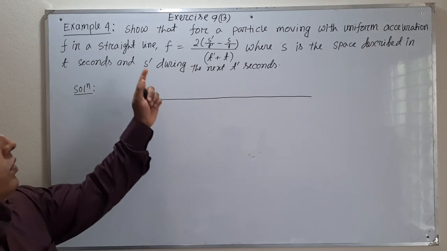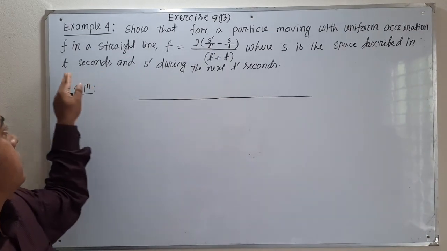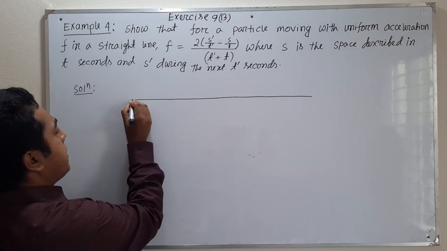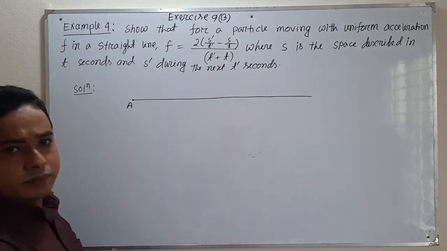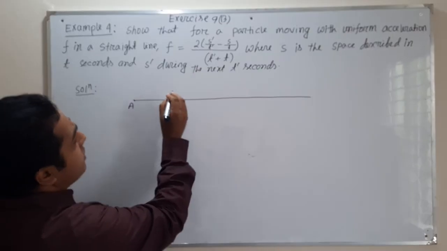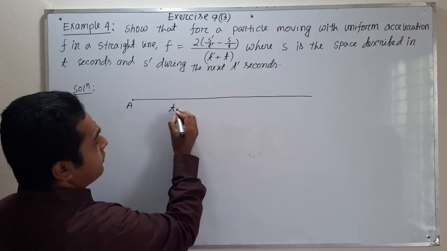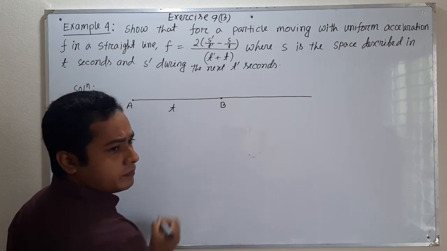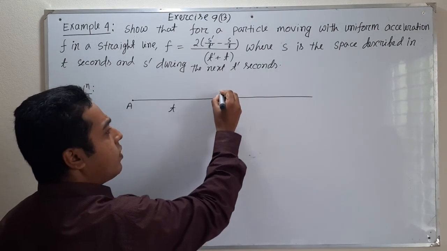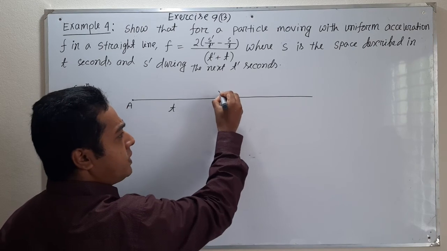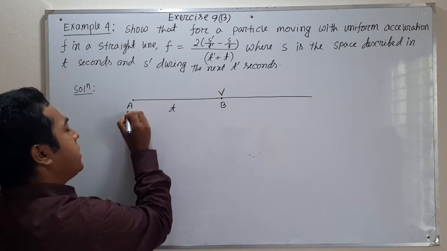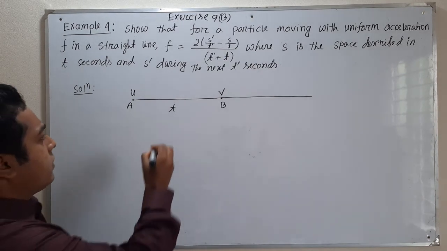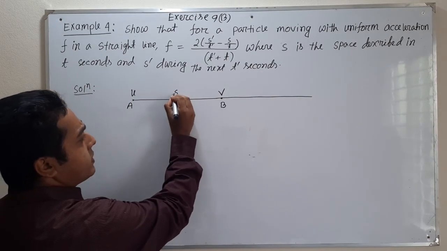The particle moves a distance in t seconds, and after t seconds it reaches point B, where the velocity is v. The initial velocity at A is u, and the distance is s.